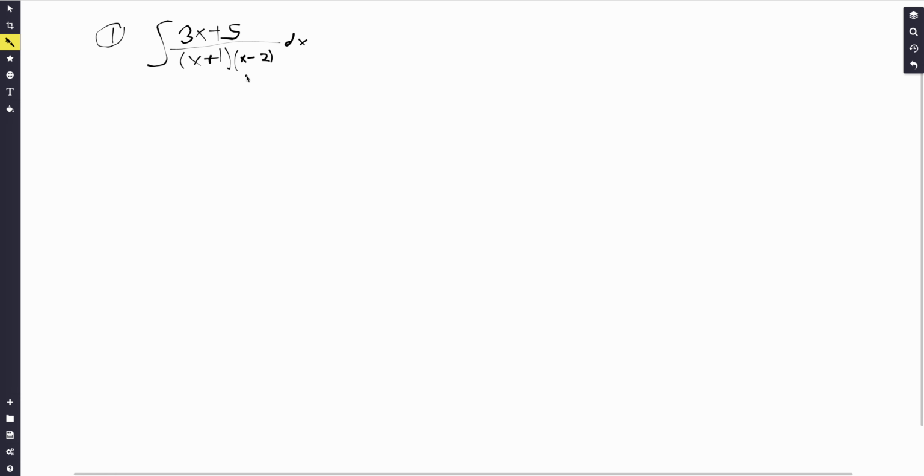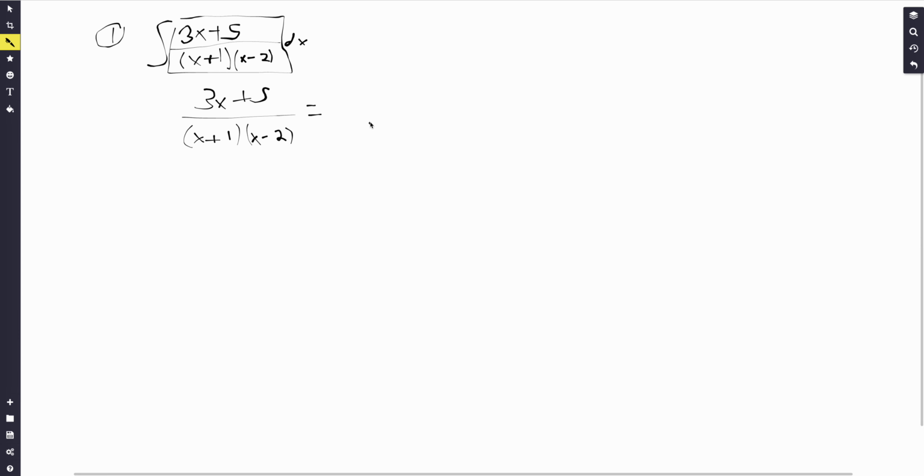Right now, I'm not going to worry about the integration at all. I'm just going to take this piece right here. So I'm going to have 3x plus 5 divided by x plus 1 times x minus 2. Okay, so remember, we use the variables in alphabetical order and uppercase.